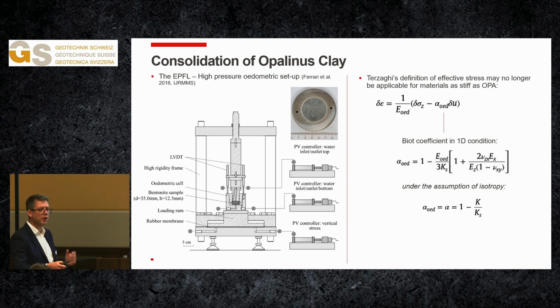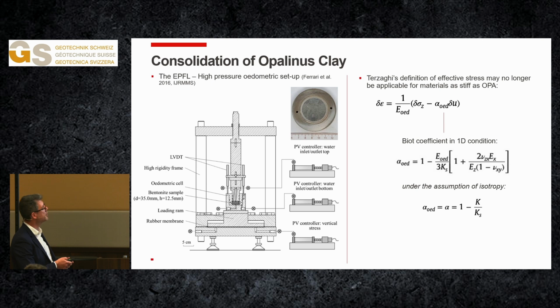With this setup, we can go up to 100 megapascal of confining stress. And when you analyze the consolidation of these materials, you have also to include possible poroelastic features, because your Biot coefficient cannot be 1, especially for the high stress levels.